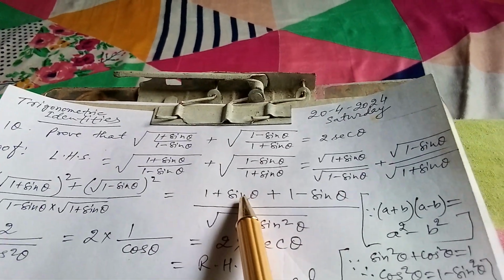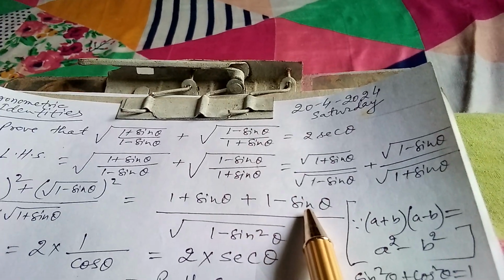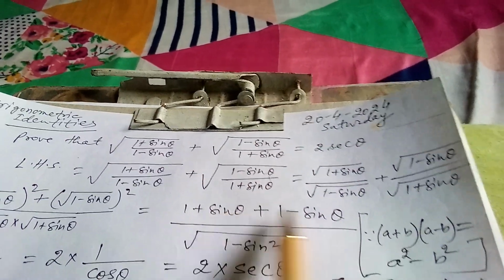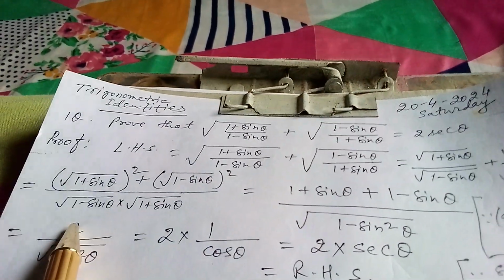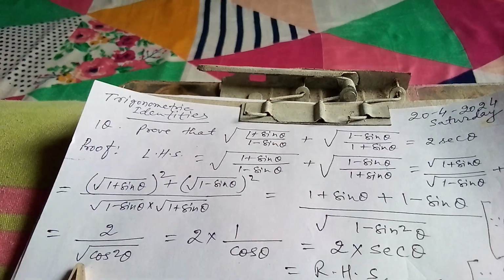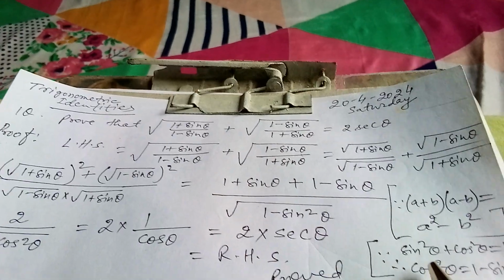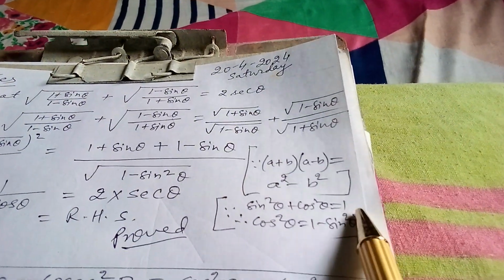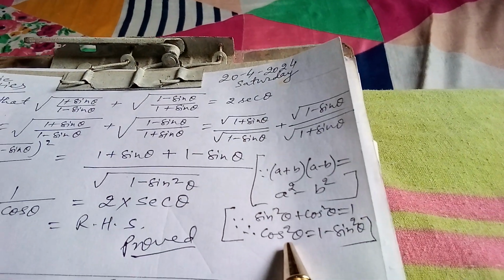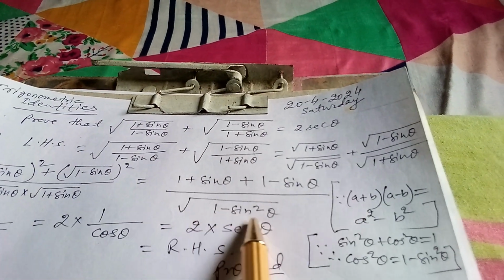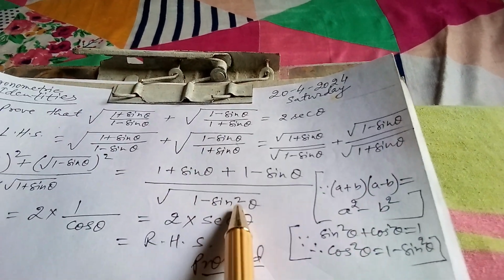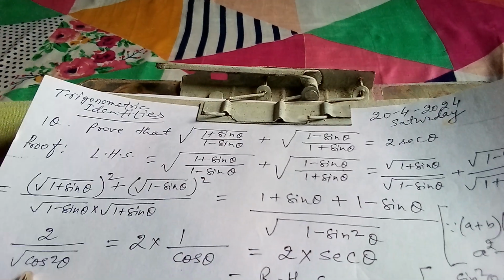And here plus sin theta and minus sin theta are like terms having different signs, so they are cancelled, and it is 2 by square root of 1 minus sin square theta, which is square root of cos square theta, because you know that sin square theta plus cos square theta equals 1, and therefore cos square theta equals 1 minus sin square theta, and that's why in place of 1 minus sin square theta, we have written cos square theta.